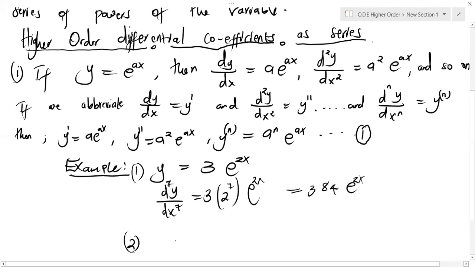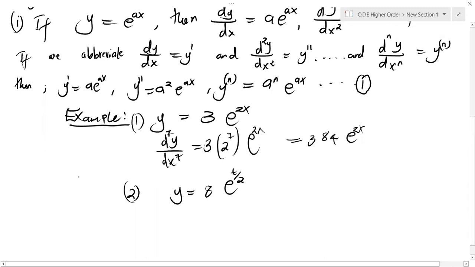If you were to take up another example, let's have this as our example 1, then example 2, having our y being equal to 8 exponential t over 2. So what's our d5y/dx5?